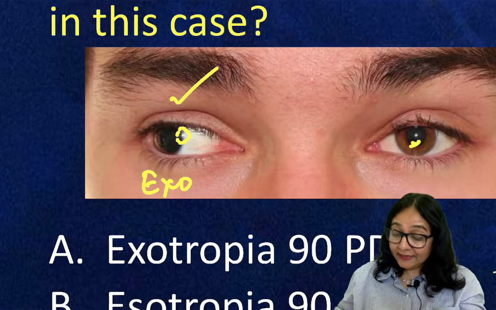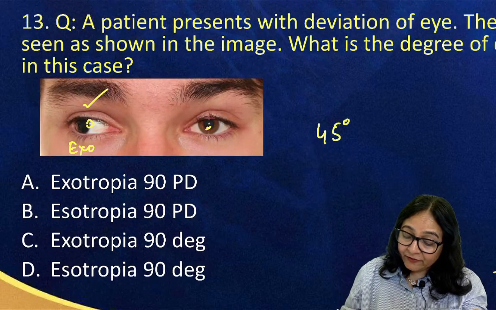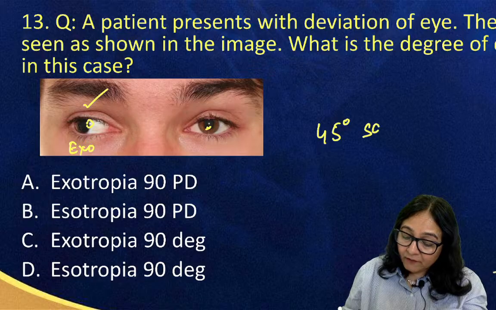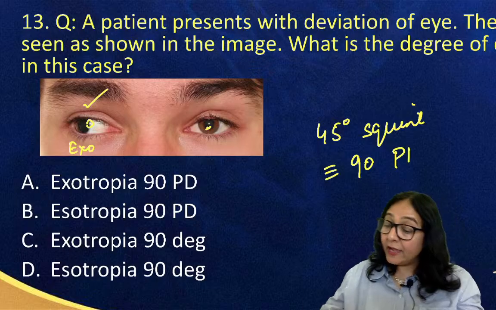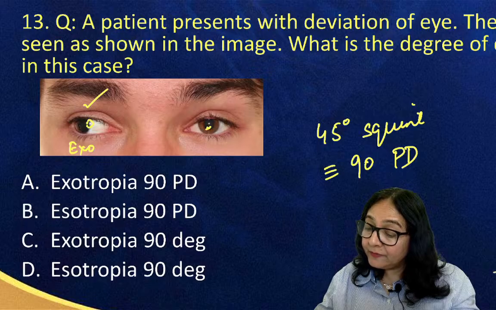So when it is at the limbus, we say that it is 45 degree of the squint, which is equivalent to 90 prism diopter. They mentioned exotropia and the option was exotropia 90 prism diopter. So that's perfect.